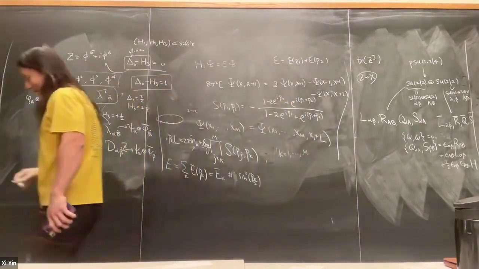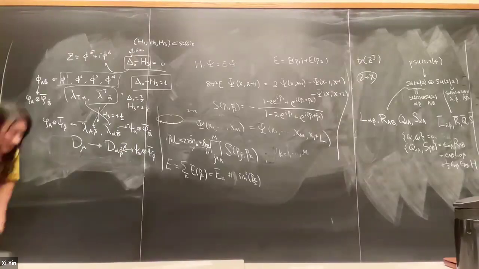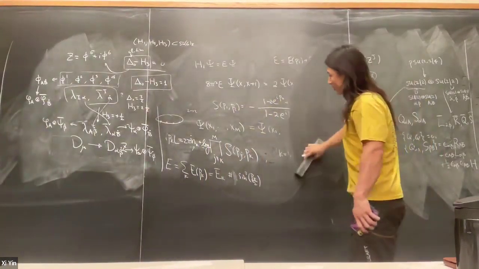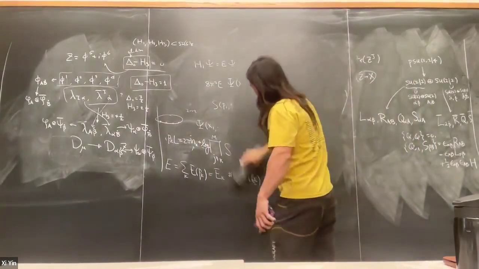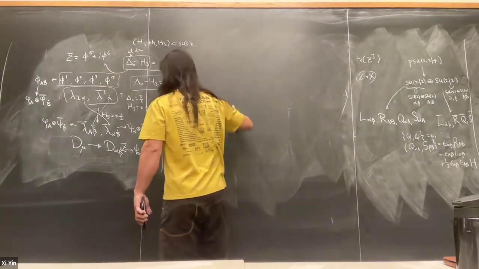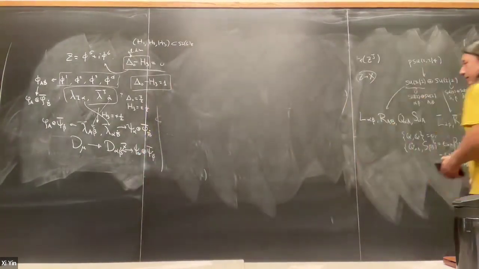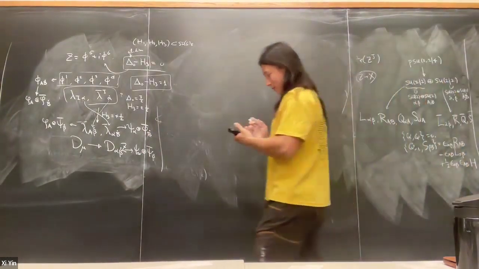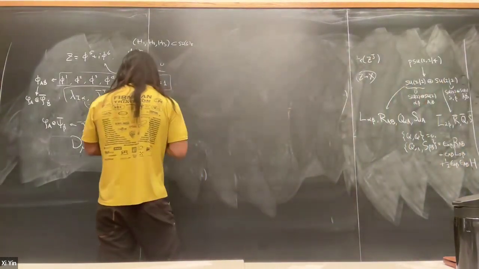There's a bit of algebra you have to check to see that the actual supersymmetry transformation boils down to this very simple action, but you have to make sure that all the commutators work out.